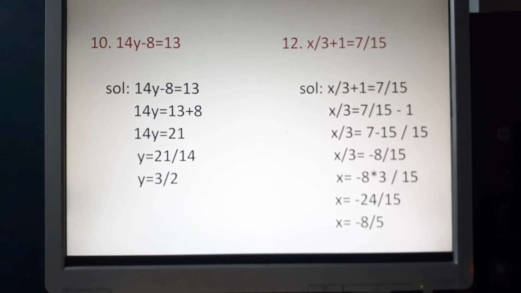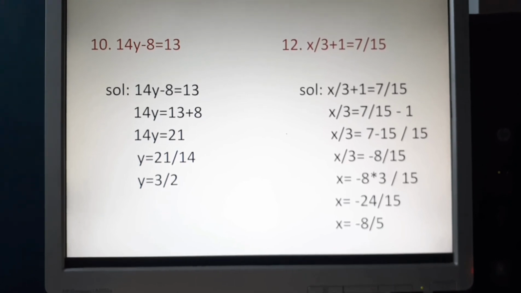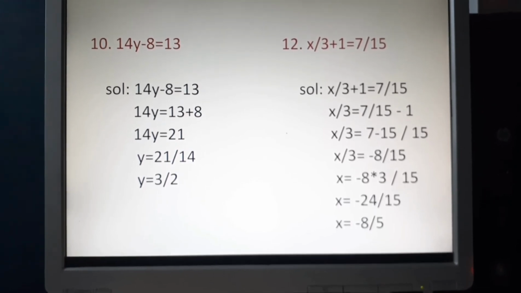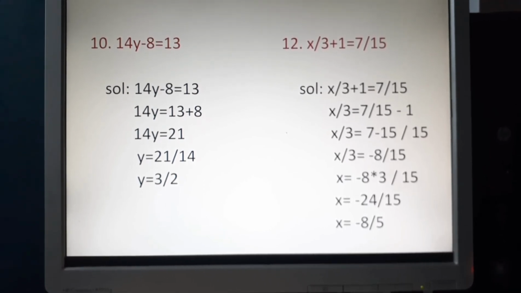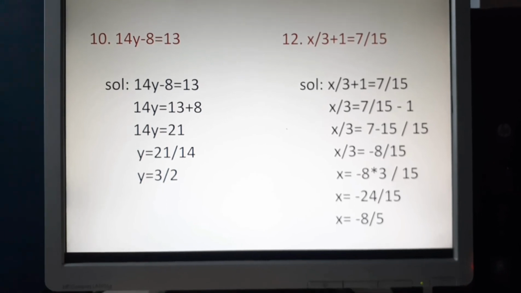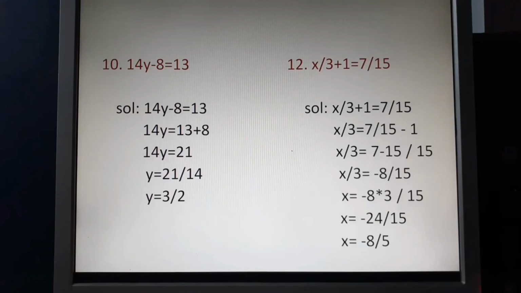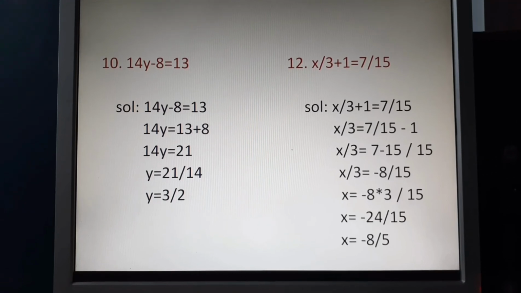It becomes minus 1. x divided by 3 is equal to 7 divided by 15 minus 1. x divided by 3 is equal to right hand side. Do the cross multiplication.